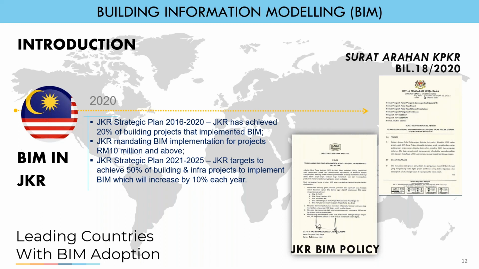That is, we mandate BIM implementation for all our projects of RM10 million and above, and we put this as our KPI under Pelan Strategik JKR 2021-2025. We target to achieve 50% of building projects and infra projects implementing BIM, and the target increases 10% each year.